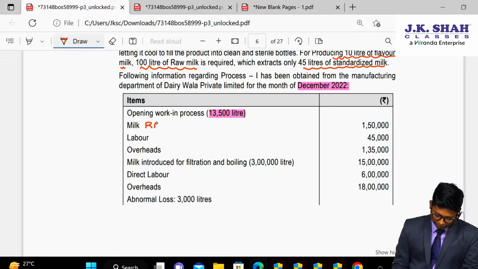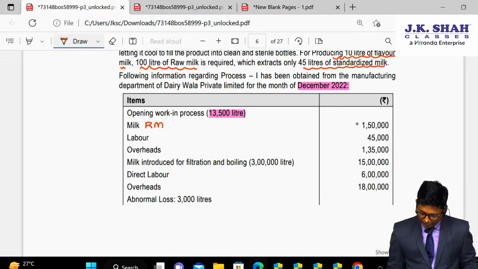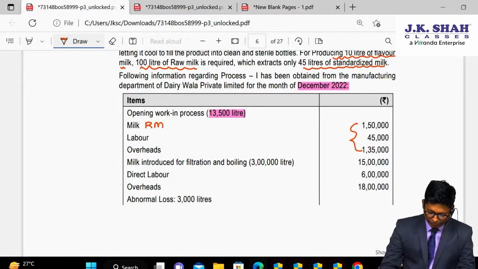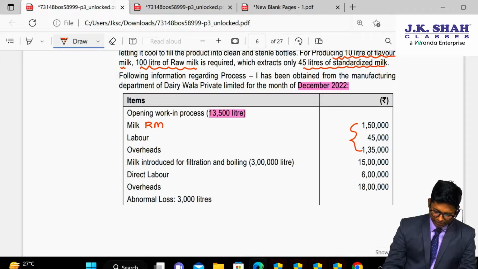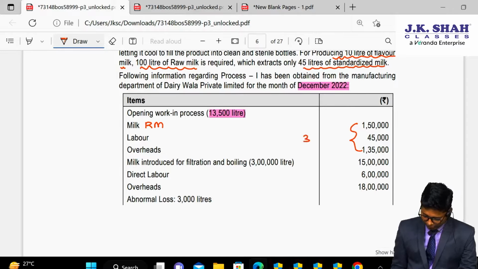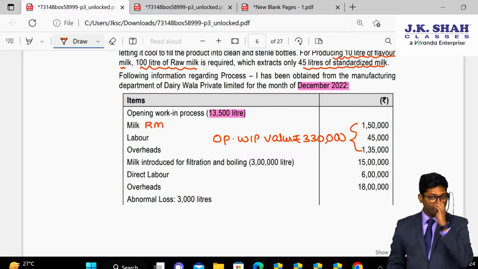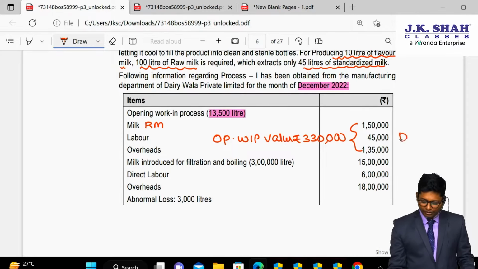If you add these figures, 150 plus 45 plus 135, you get 3,30,000. So 3,30,000 rupees is the value of the opening WIP, which is to be recorded on the debit side.